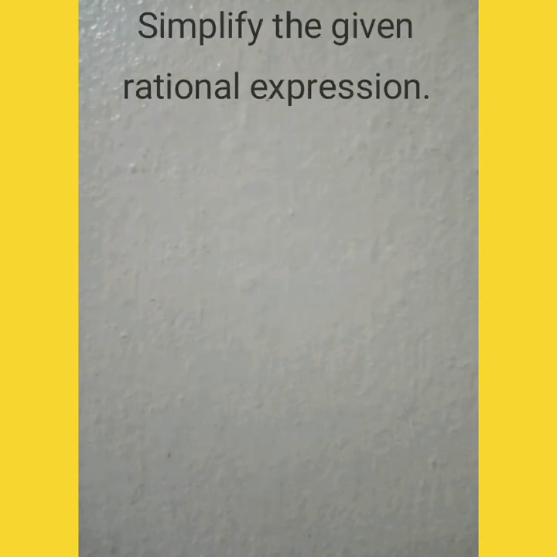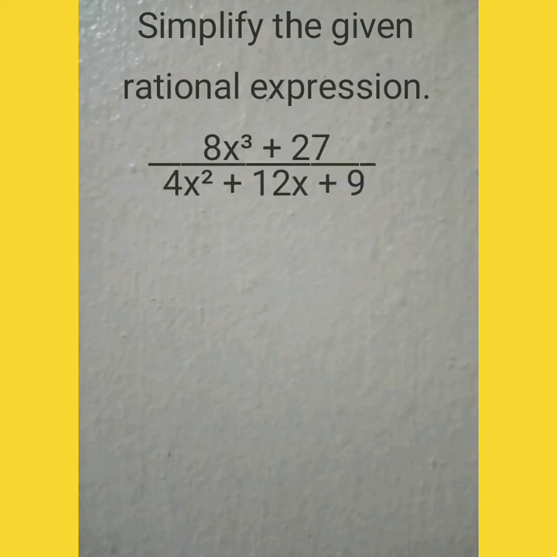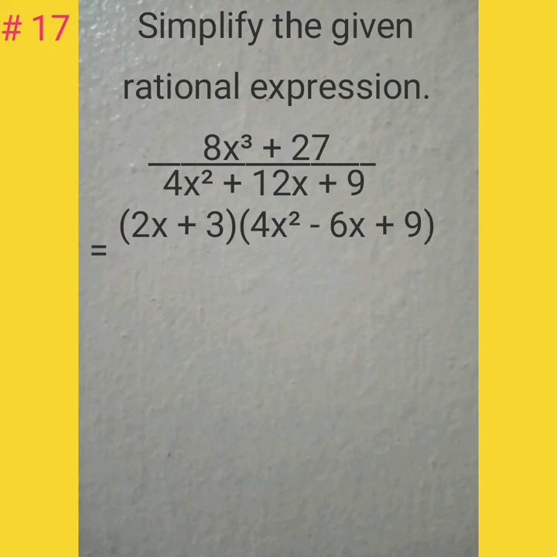Simplify the given rational expression: (8x³ + 27) all over (4x² + 12x + 9). The factors of 8x³ + 27 are 2x + 3 and 4x² - 6x + 9, while the factors of 4x² + 12x + 9 are 2x + 3 and 2x + 3.